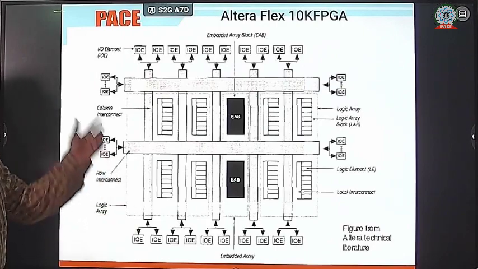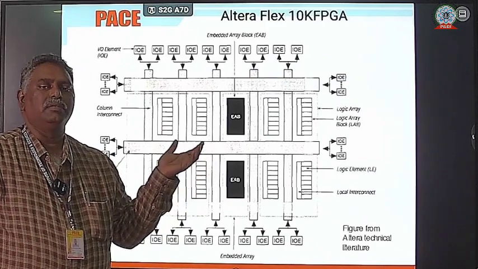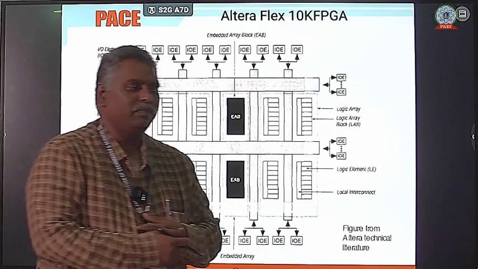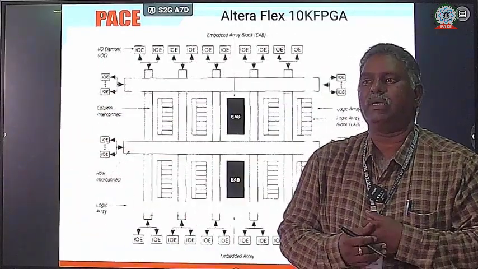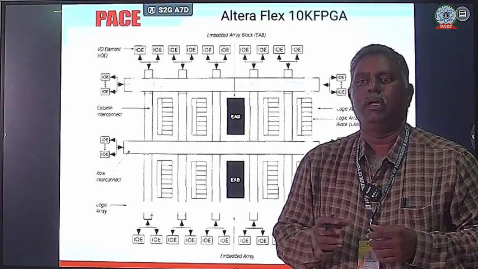Before going to another topic, we will try to recall what we have discussed in the previous class. We discussed what VLSI is and the importance of FPGA, and the FPGA architecture.